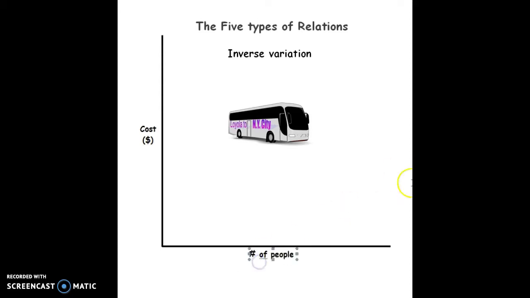And the way it works is the more people that you have on this trip, the less it's going to cost you for the rental of the bus. So in other words, it's going to be a very high cost if you have a few people, and the price is going to diminish quickly the more people you have to split the fare with.